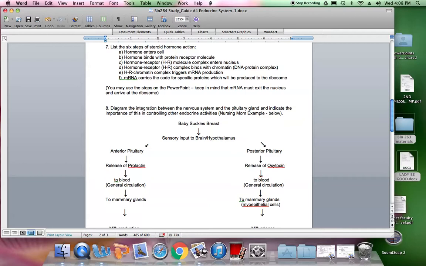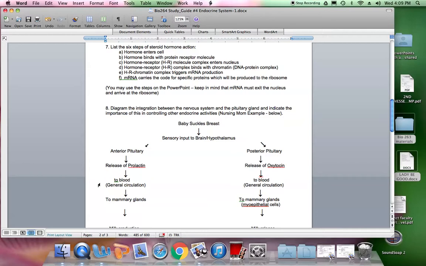This will be sent both to the anterior and posterior pituitary. When it goes to the anterior pituitary, it's going to be sending a prolactin releasing factor to the anterior pituitary through that little capillary network that descends down the infundibulum. That's going to signal from the hypothalamus to the anterior pituitary to release prolactin.